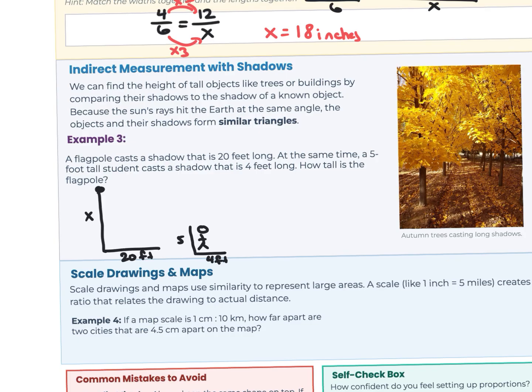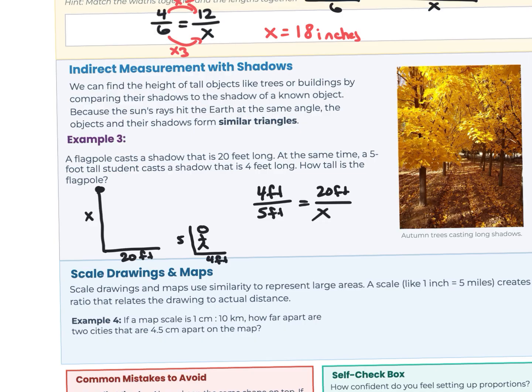So we're going to go ahead and set up a proportion. Once again, we could do person to shadow, shadow to person, however we want to do it as long as it's consistent. So I'm going to do shadow to person. I'm going to start with what we know. So we know the person's shadow is 4 feet to a 5-foot person. We know the flagpole shadow is 20 feet, but we do not know how tall our flagpole is.